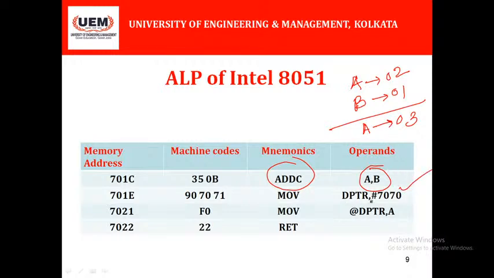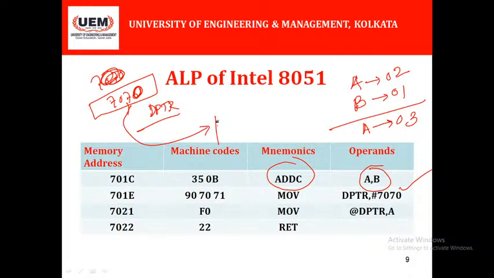Next is DPTR, #7070. We have 7070 in our DPTR, or data pointer register.